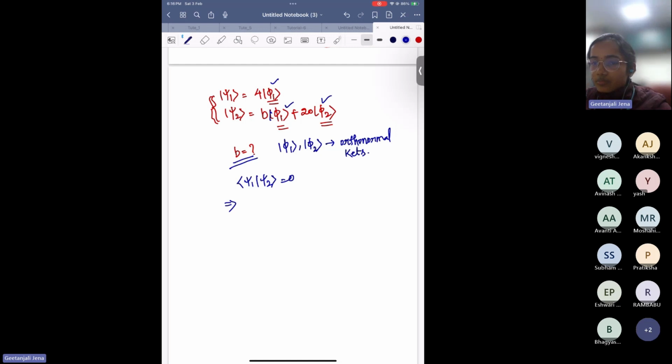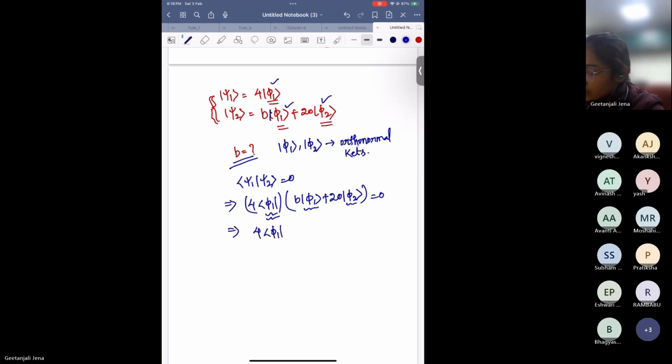So if you take the bra of psi 1, 4 phi 1 with B phi 1 plus 20 phi 2, this must be equal to 0.